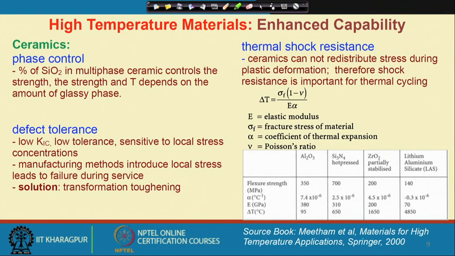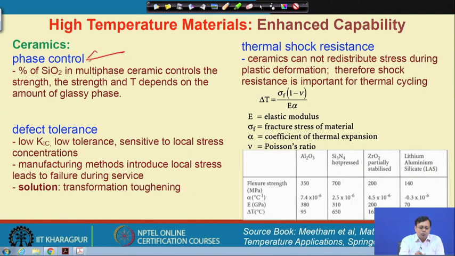Now, for ceramic for high temperature application, there are three important aspects that one should consider for enhancing the capability. One is the phase control, another one is the defect tolerance, another one is the thermal shock resistance. In that case, you have seen that ceramic may contain multiple phases and one of the phases is mostly silica.